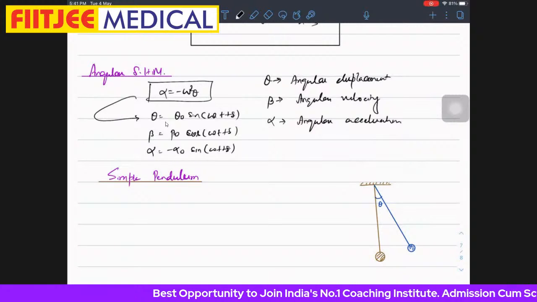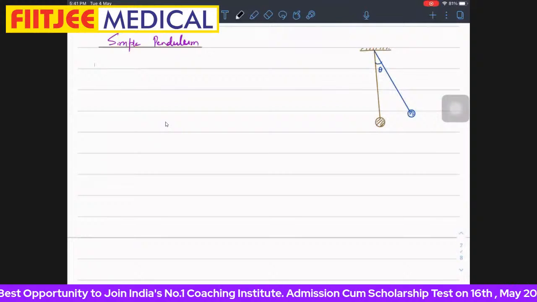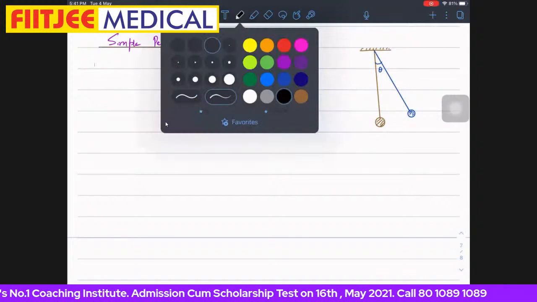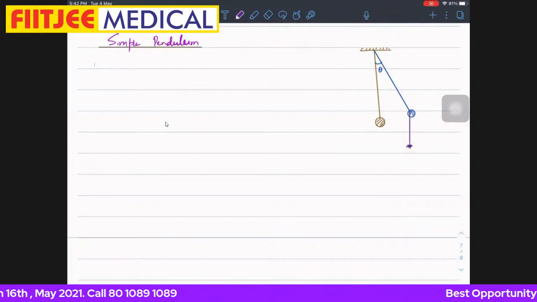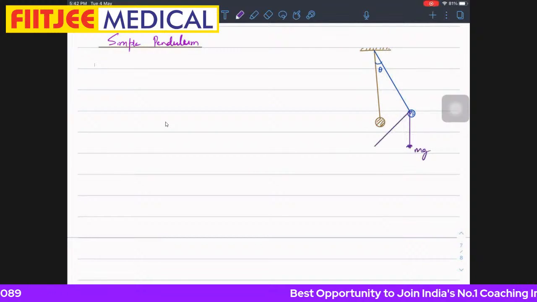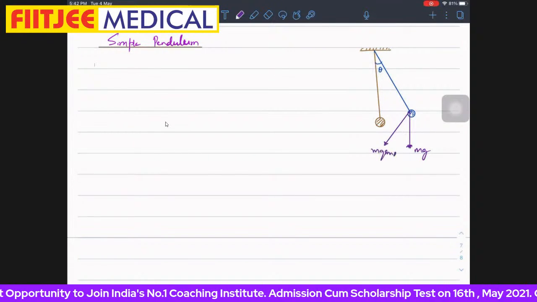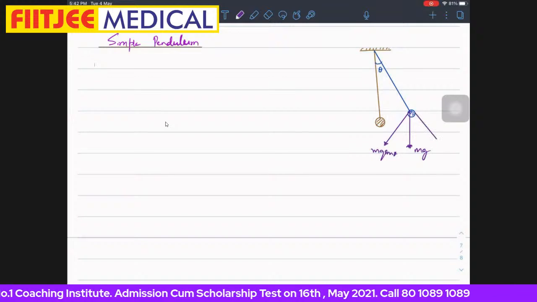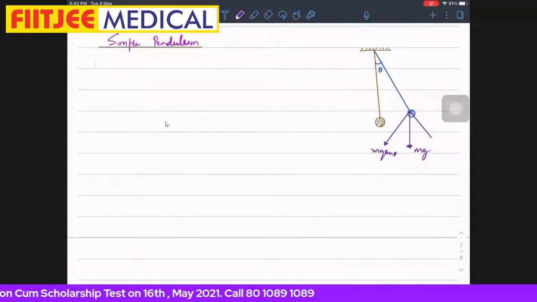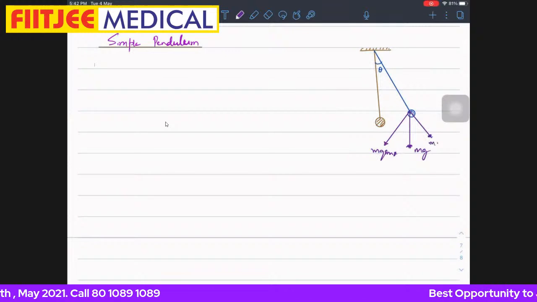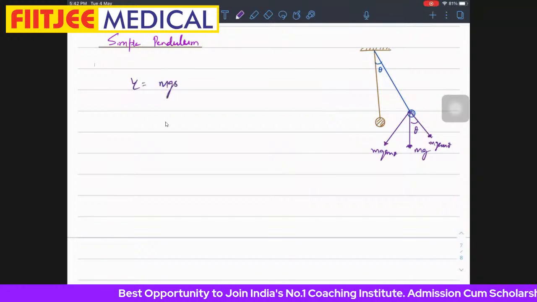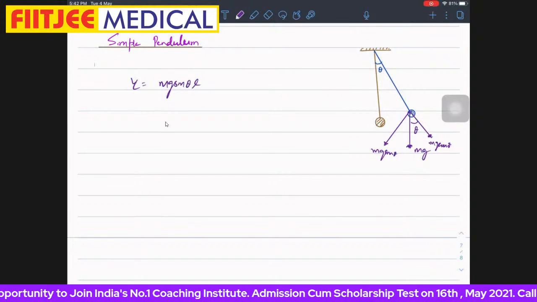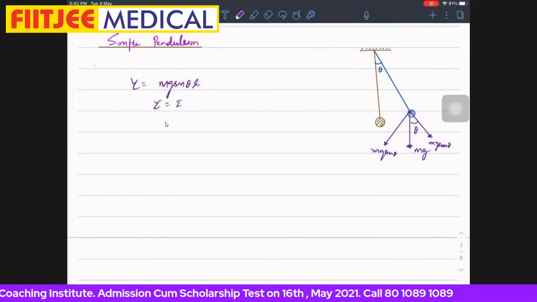Remaining terms are already understood. If we take this simple pendulum, what are the forces acting on it? mg. On this mg, a component mg sine theta is acting here, and the other component will be mg cos theta. So torque, you can write, is mg sine theta into L. And torque equals I alpha.